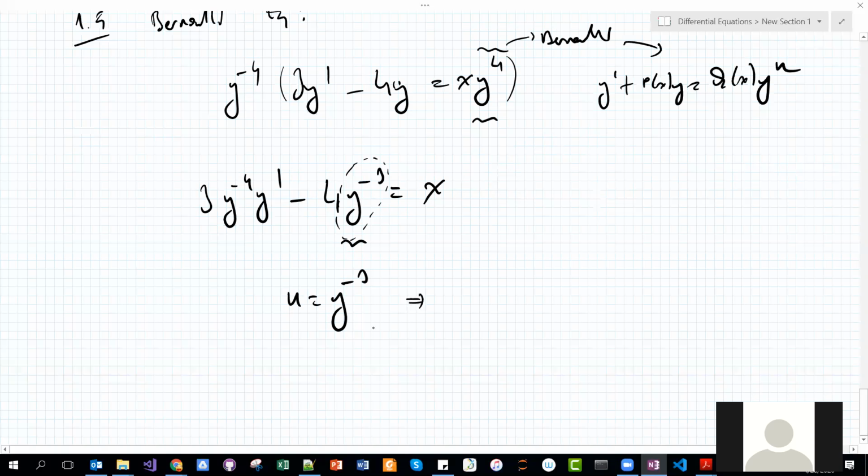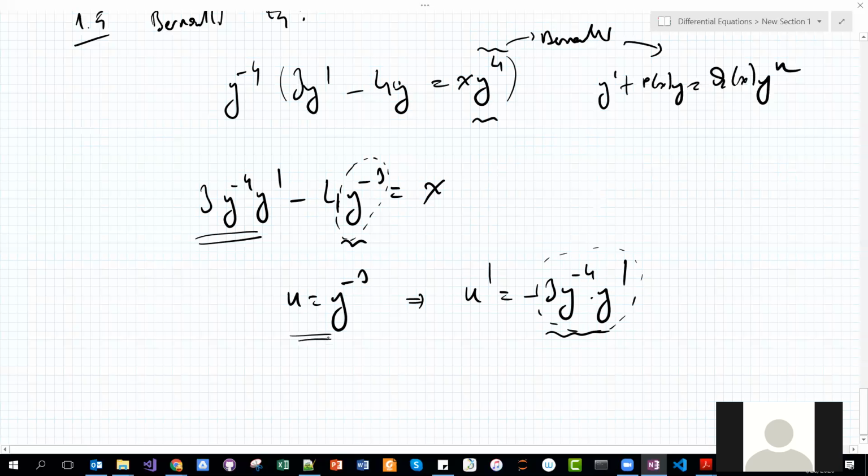If I have the substitution, the y prime here, I need to replace it with something with respect to the new variable. That is why I'm going to need u prime as well: negative 3 times y to the negative 4 times y prime, if I take the derivative of the right-hand and left-hand sides. As you see, on the right-hand side, this is exactly the term I need here.